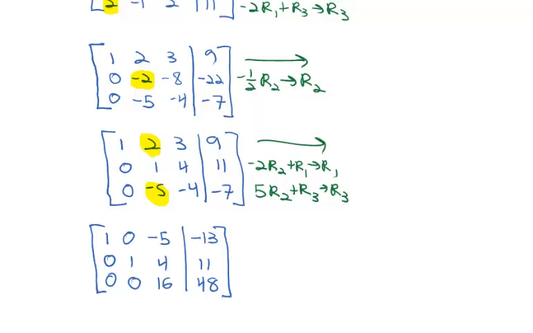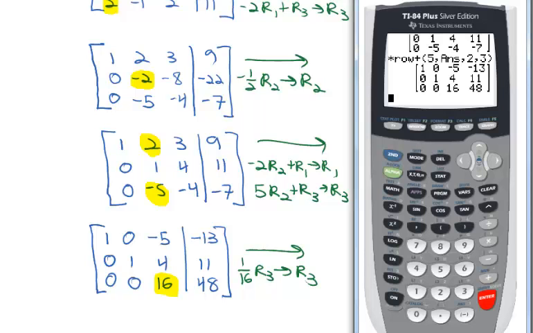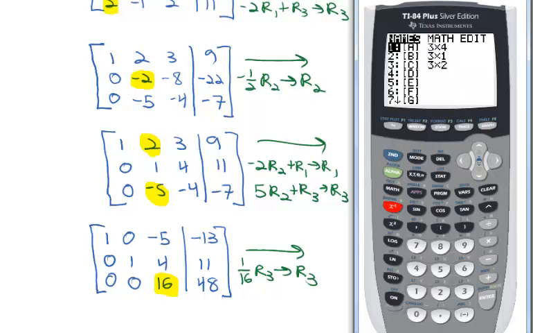And now we're ready to get the last pivot. To get the last pivot, we have to multiply by the reciprocal. We're going to take 1/16 of row 3 and stick it into row 3. So we're just multiplying, not adding. So we're just going to do the times option under math.